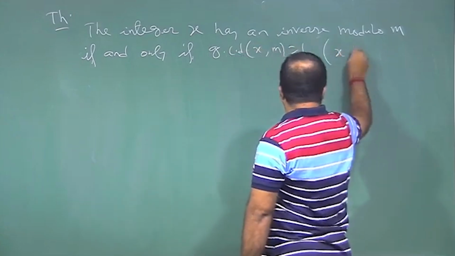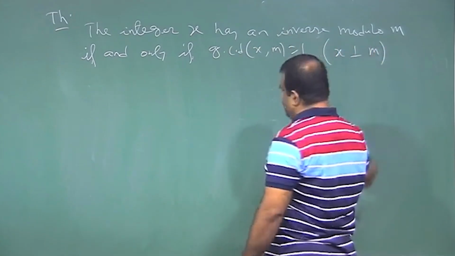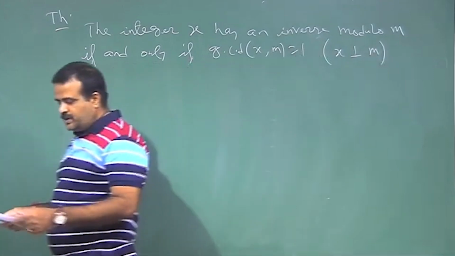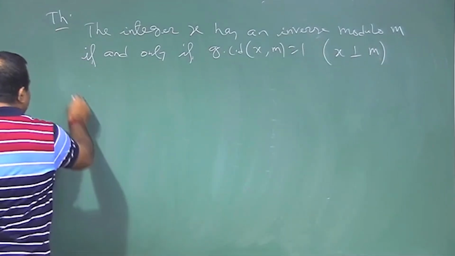That means they are relatively prime, or co-prime. So, how to prove this?